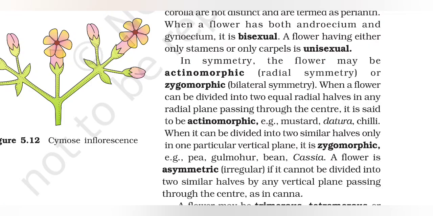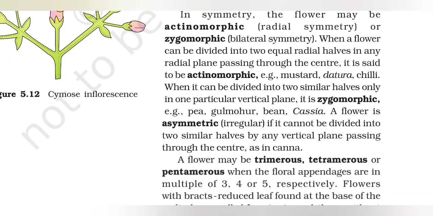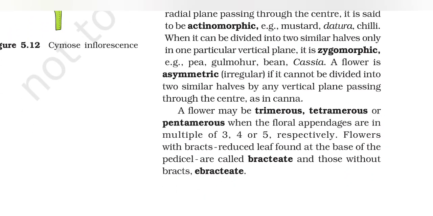When a flower can be divided into 2 equal radial halves in any radial plane passing through the center, it is said to be actinomorphic. Example, mustard, datura, chili. When it can be divided into 2 similar halves only in one particular vertical plane, it is zygomorphic. Example, pea, gulmohar, bean, cassia.